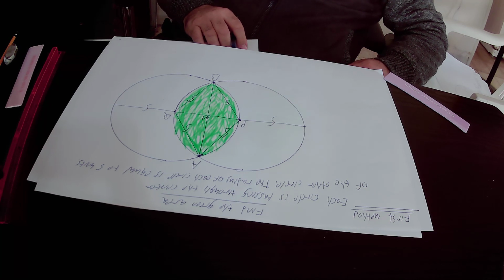And we have two characteristics of diagonals of a rhombus.